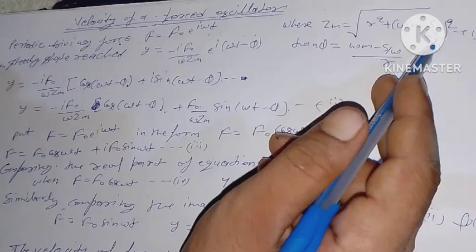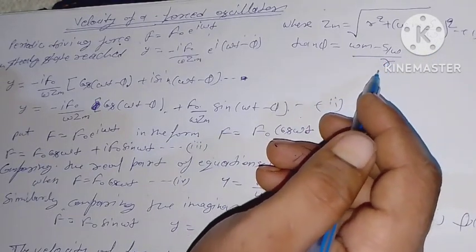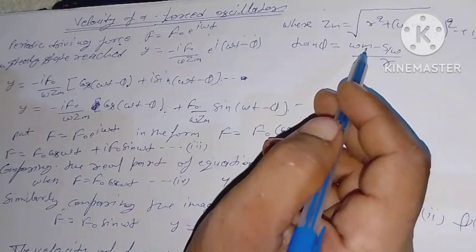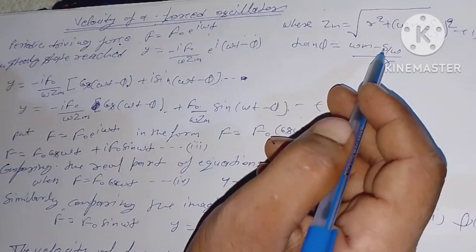This is equation number 1. Tan phi equal to omega m minus s by omega upon r, r being the damping constant, m being the mass, and s the stiffness or spring constant.